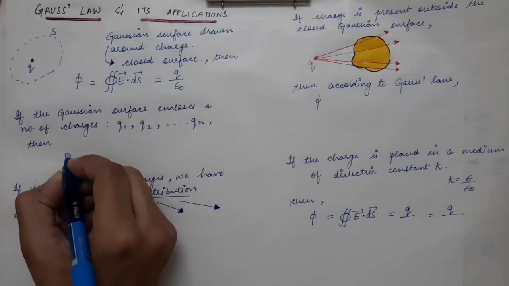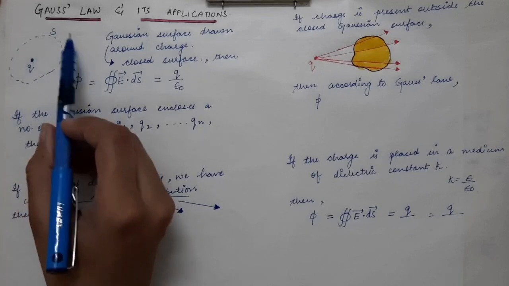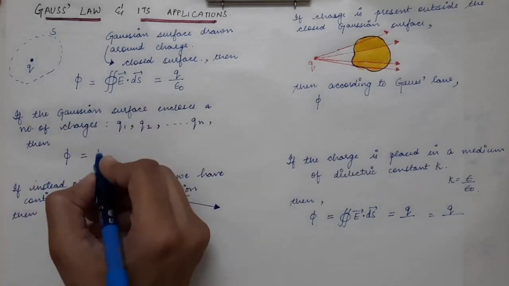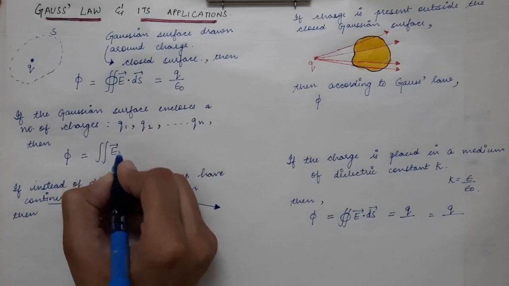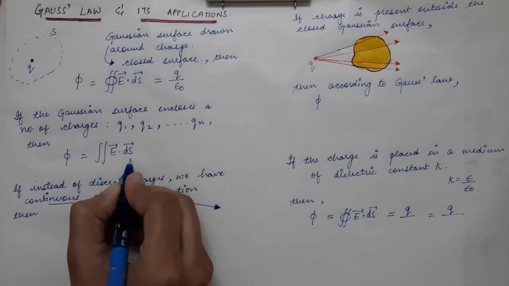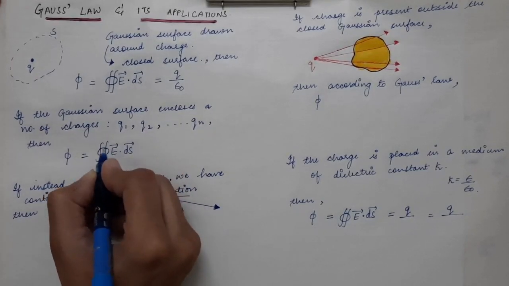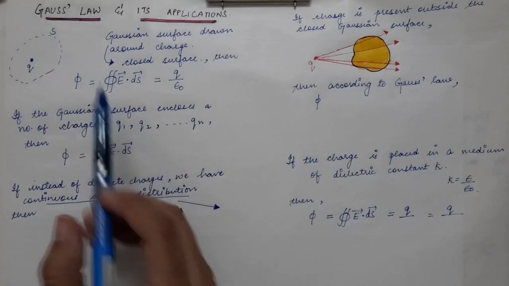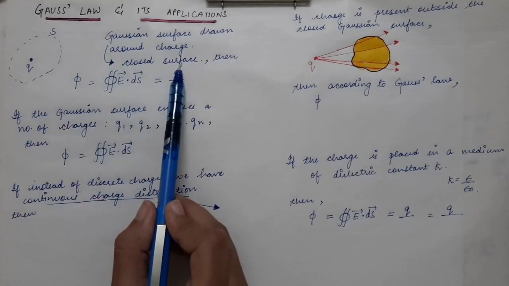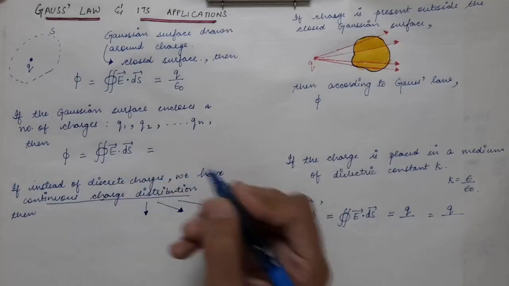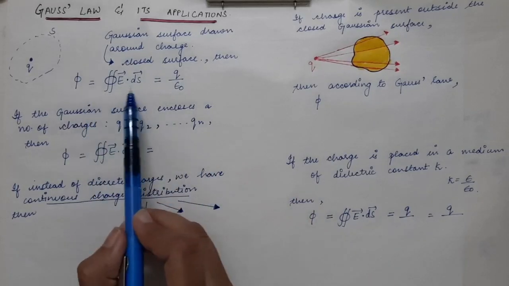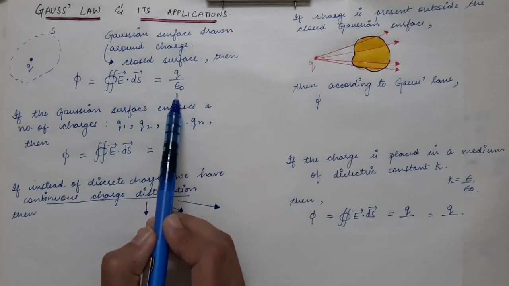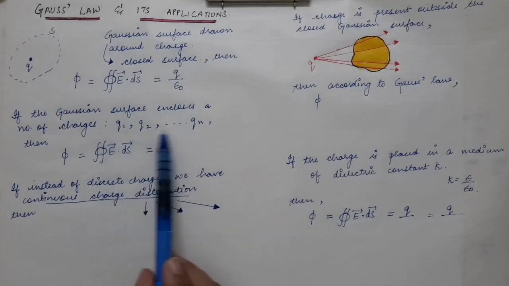The electric flux linked with this Gaussian surface will be equal to the closed surface integral of vector E dot ds. This is the general definition of flux, and it is a closed surface integration, because in Gauss law we always talk about a closed surface. The simple formula of Gauss law is q by epsilon naught, and here we have n charges.